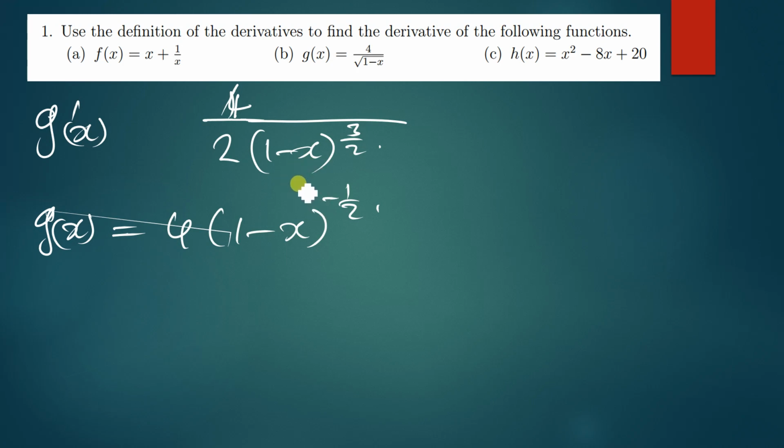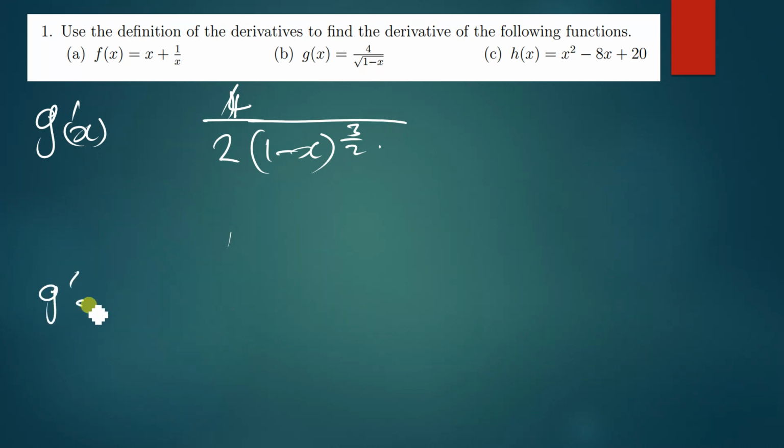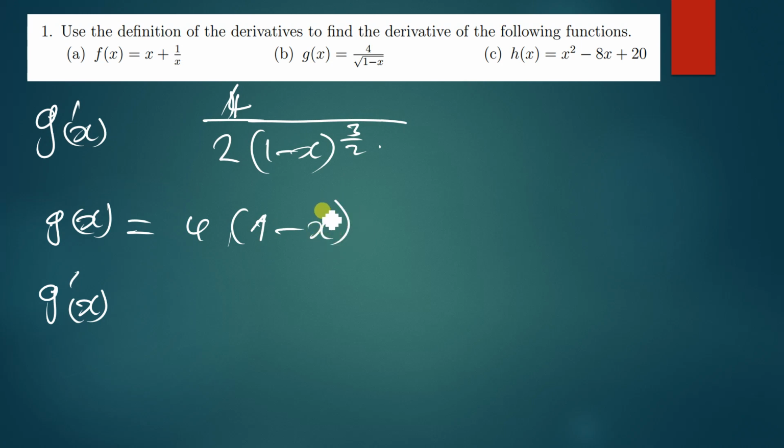So simplifying this expression, or finding g prime of x using the chain rule, I said g of x is equal to 4 times (1 minus x) to the power negative half.